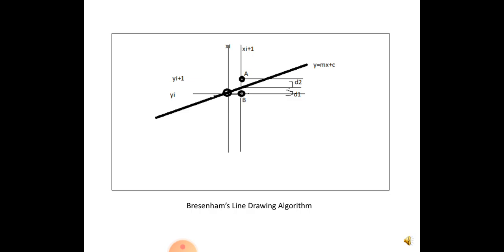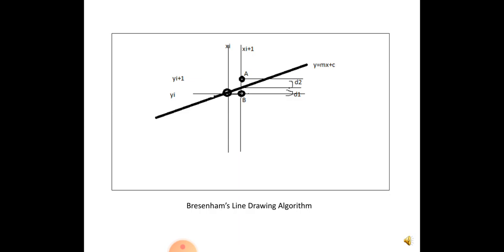Means the difference between x coordinates should be greater than or equal to the difference between y coordinates of the endpoints. Only for those lines can you use this algorithm, Bresenham's line drawing algorithm.